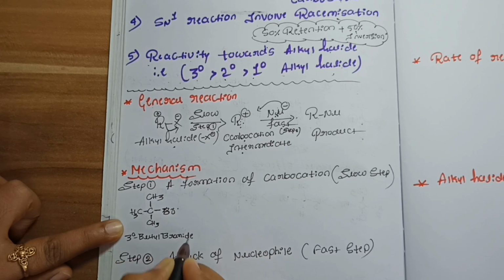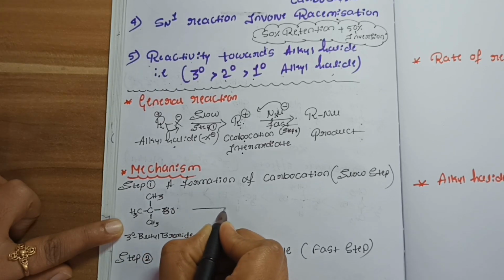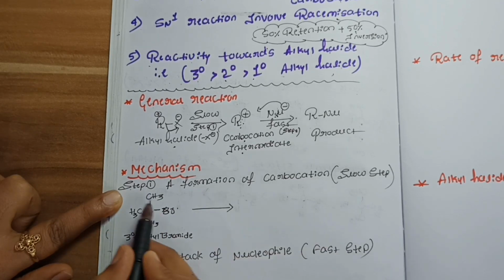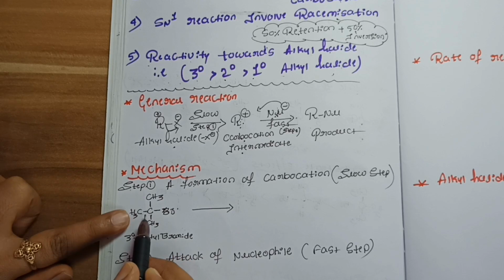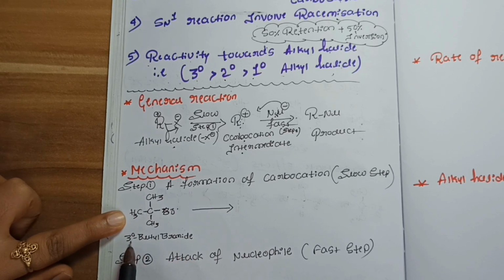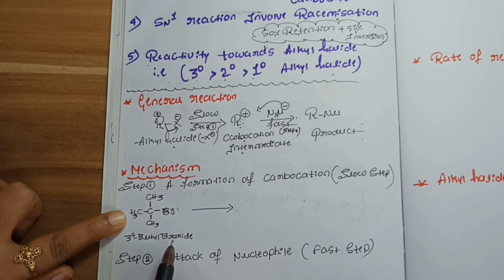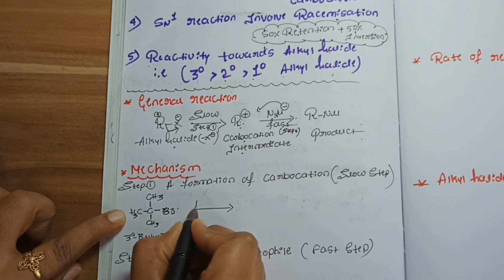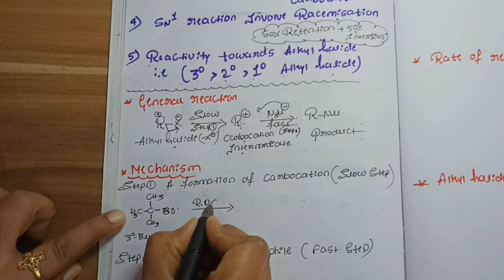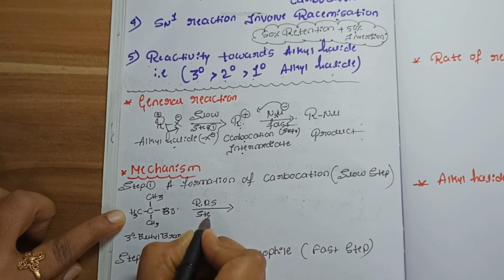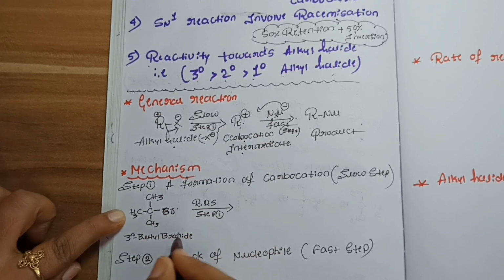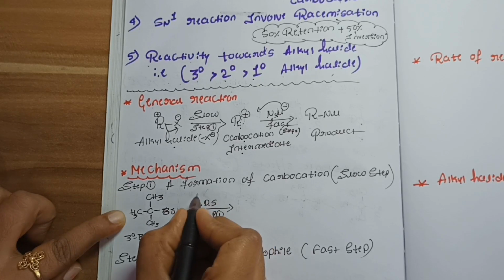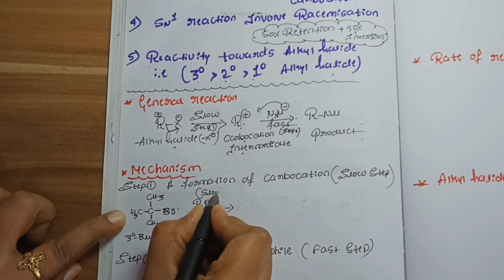Now here, this step 1 we call formation of carbocation. First we take the alkyl halide, that is tertiary butyl bromide. This step we call the rate determining step. Step 1 is the rate determining step, or we can say it is a slow step.